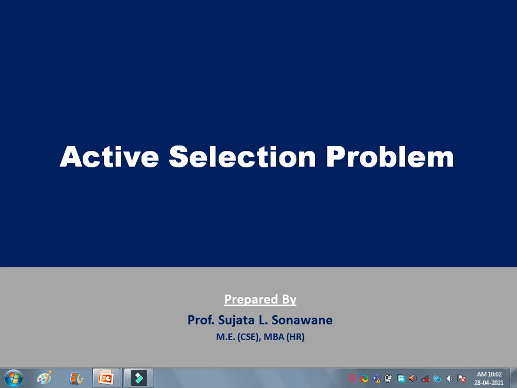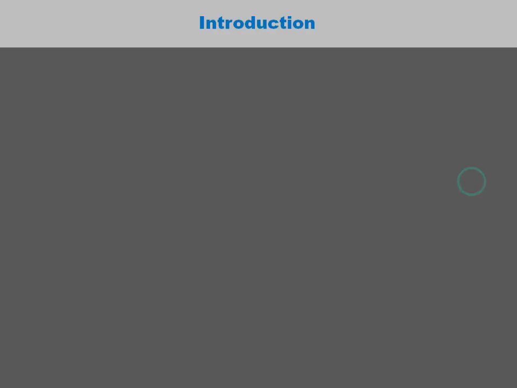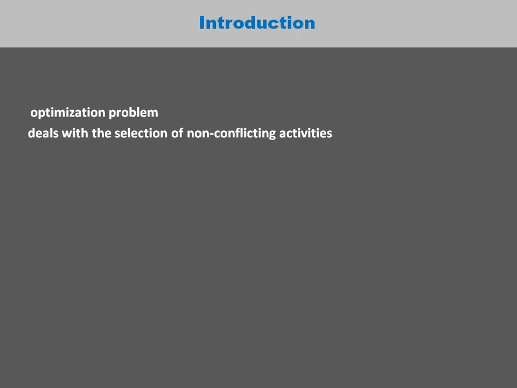In this video, we will see the activity selection problem. Activity selection is an optimization problem that deals with the selection of non-conflicting activities.